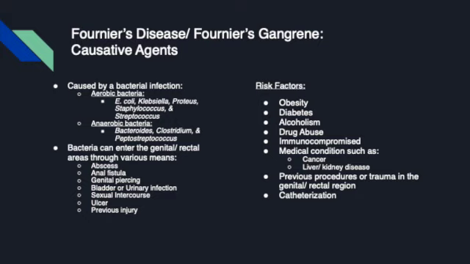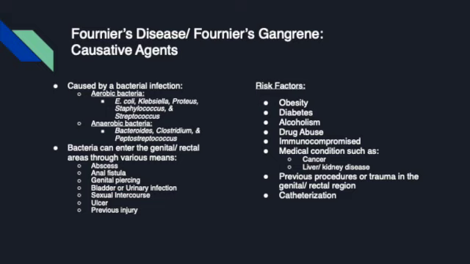The anaerobic bacteria that are typically involved in this bacterial infection are Bacteroides, Clostridium, and Peptostreptococcus. These bacteria enter the genital or rectal areas through various means such as an abscess, anal fistula, genital piercing, bladder or urinary infection, sexual intercourse, ulcer, or a previous injury.